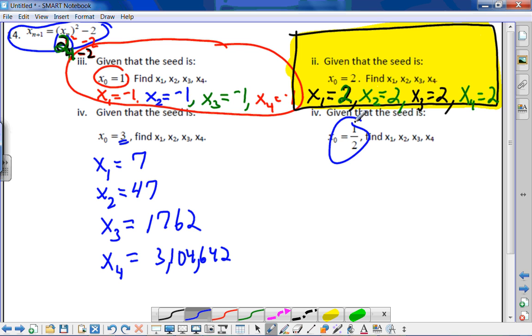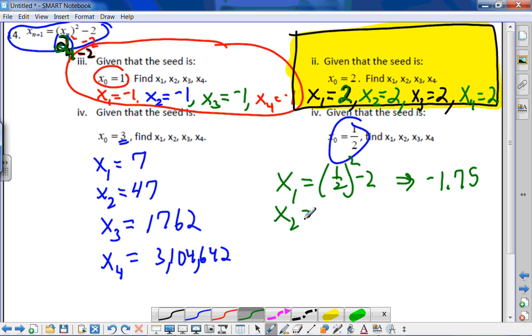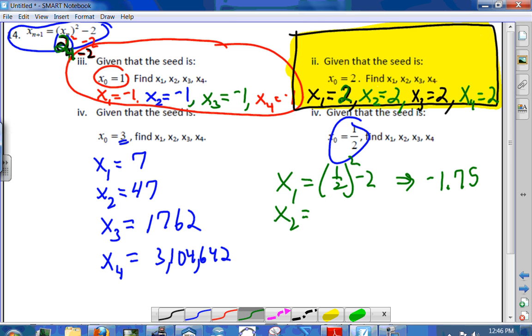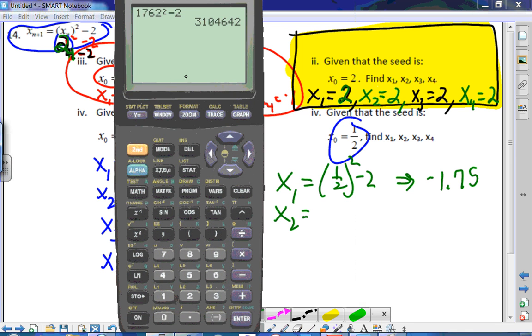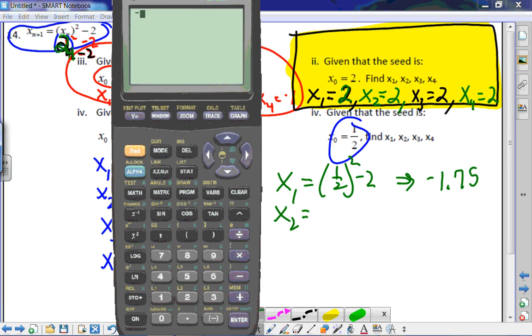Finally, part 4 again. New seed, 1/2. All right, so the first iteration will be that seed squared minus 2, which is a fourth minus 2, negative 1 3/4. Second iteration will be negative 1 3/4 squared decreased by 2, negative 5.0625.